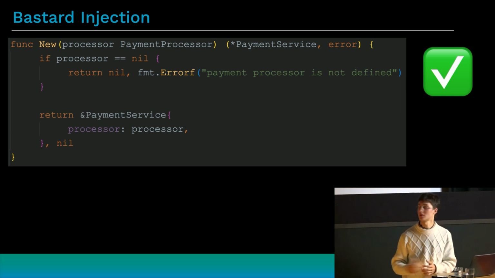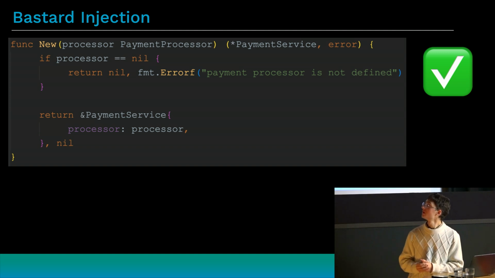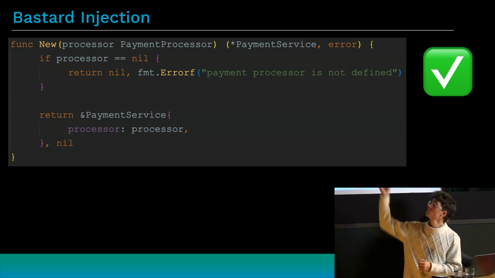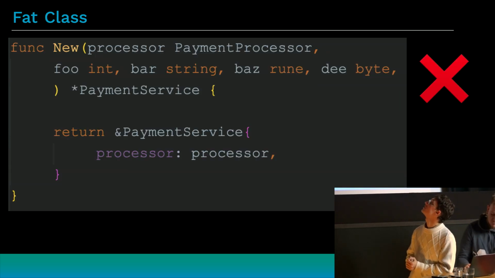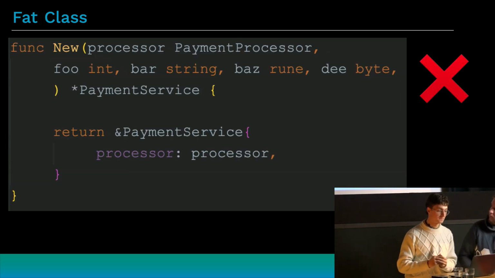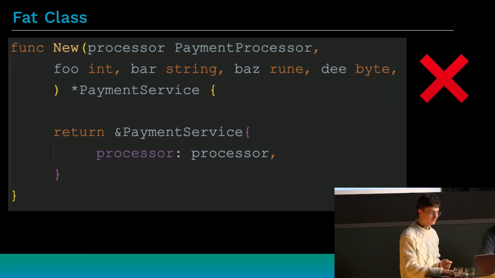So we will just check that the processor is not defined, if it equals nil, we will return an error: payment processor is not defined. So that's a good solution to fix the bastard injection.